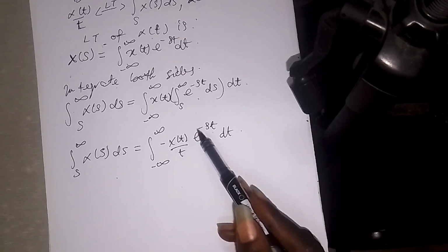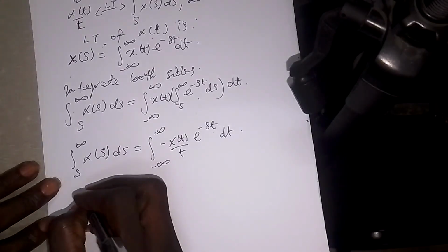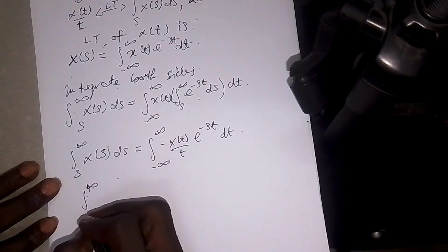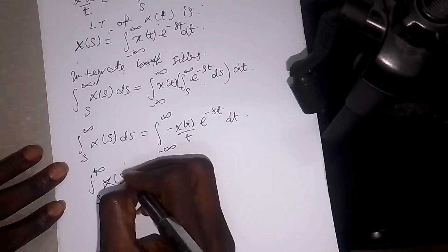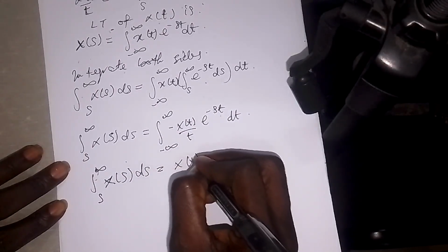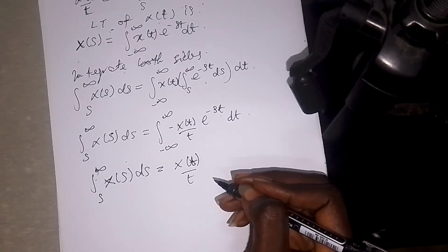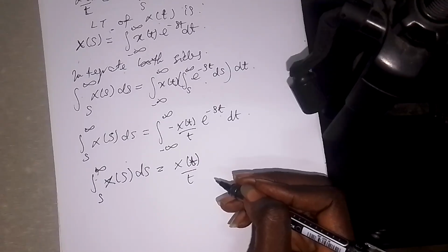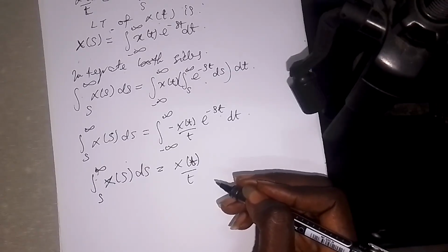So here I can write the integral from s to infinity of x of s ds equals x of t over t. That is what I can get over here. It's that simple that we should always be able to do it and finish it up.